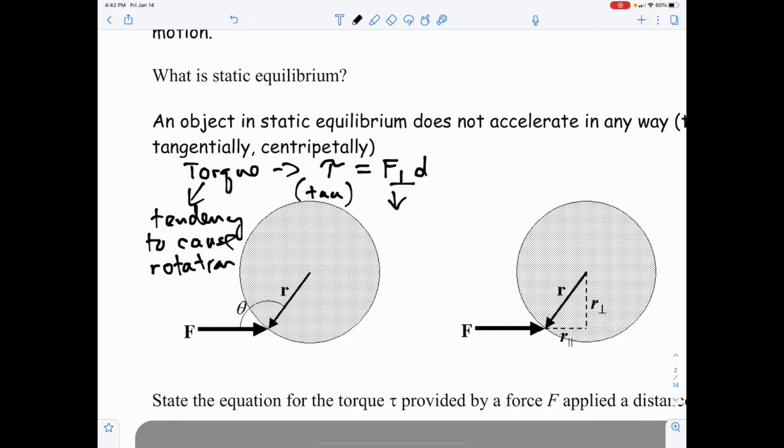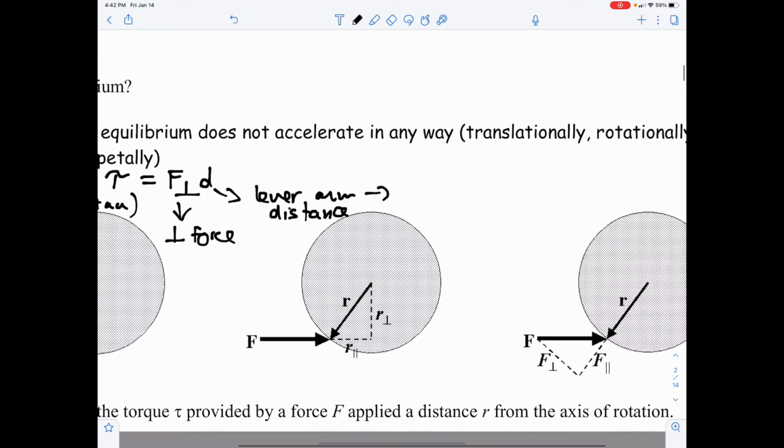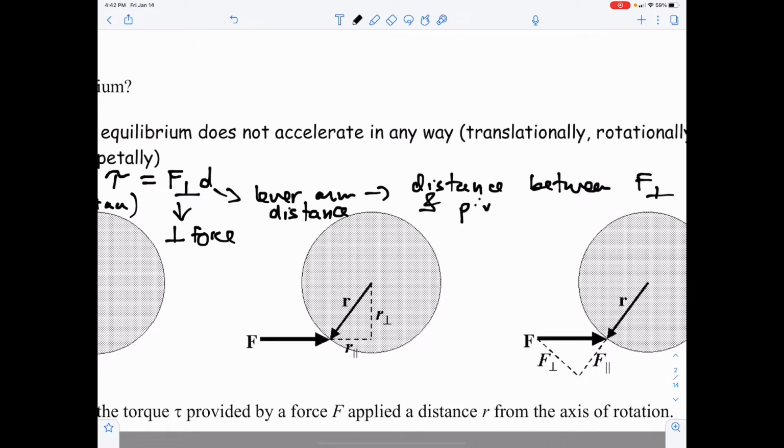F is the perpendicular force, and d is what's called the lever arm distance. Now, the lever arm distance is the distance between the perpendicular force and the pivot.